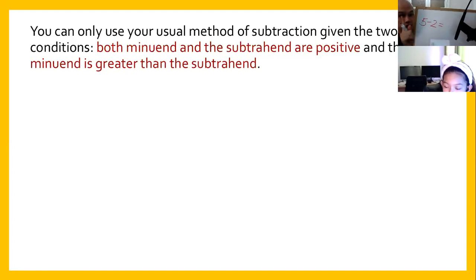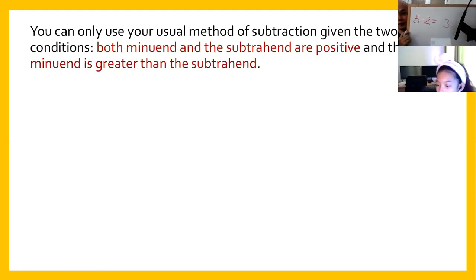Because first, the two numbers are positive, and second, the first number is bigger than the second number. Only in those two situations can you do subtraction right away. So this will yield positive 3. You can just minus right away: 5 minus 2 equals 3.